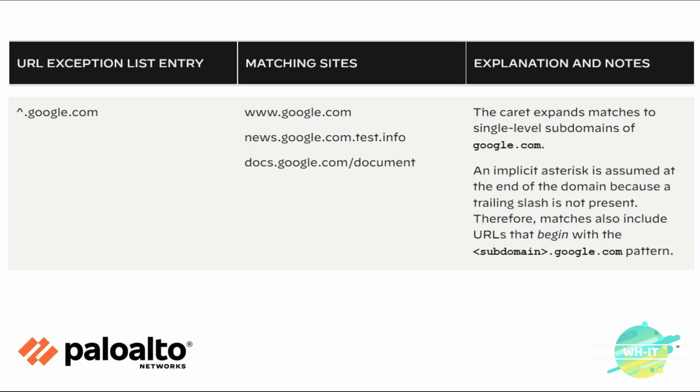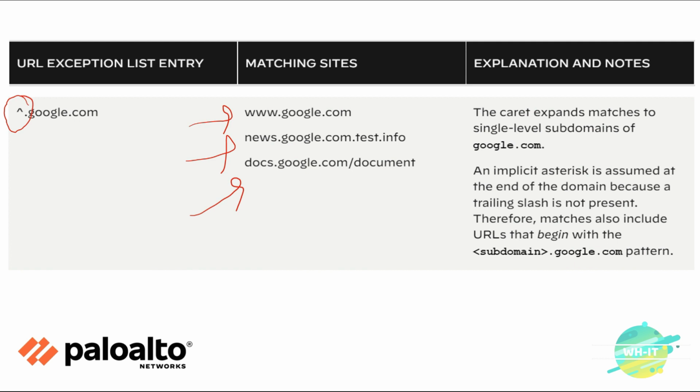In this section, it is using the caret before the domain. What it is trying to say is that it has to be just one subdomain. The subdomain can be www, it can be news, it can be docs, right? It doesn't want anything to come before or after that.